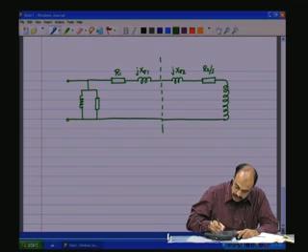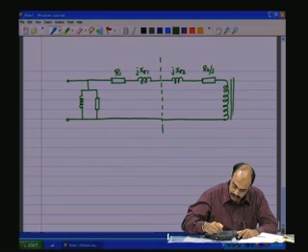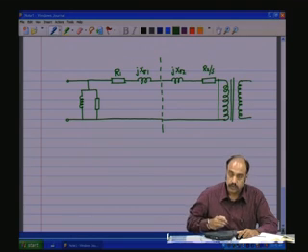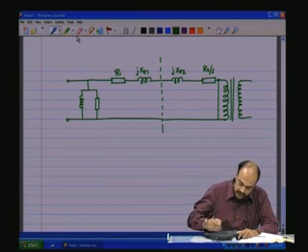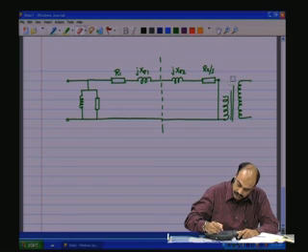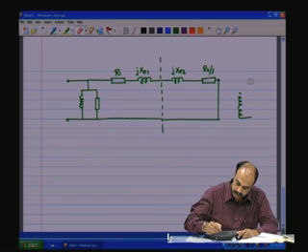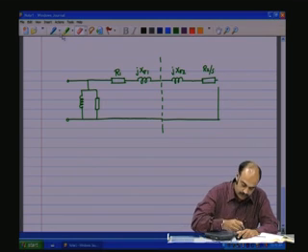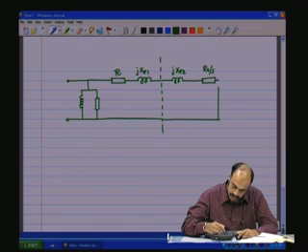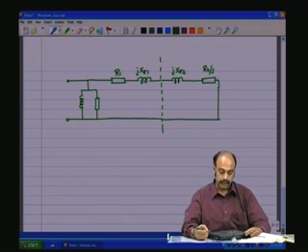As it is shifted onto this side, there is of course a short here, and this is open. So it is as good as that 1:1 transformer not being there, so we can effectively remove all these things. We have it like that.